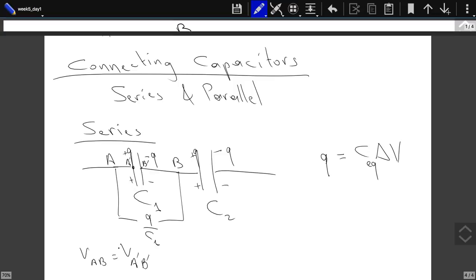So the integral of the electric field over this surface, that is the total flux passing through this surface, is 0. But the total flux passing through a closed surface is proportional to the total charge inside. If the flux is 0, then the total charge inside should also be 0. So I know that I put plus Q charge over here. There should be a minus Q charge on the other plate.